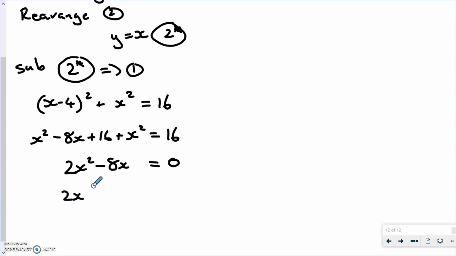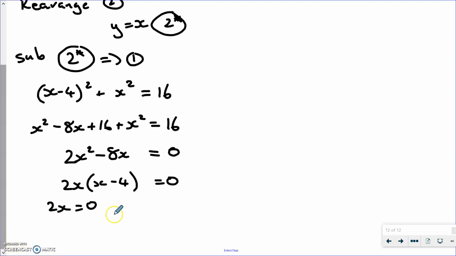Take 2x out as a common factor: 2x times x minus 4 equals 0. So 2x equals 0 gives me x equals 0, and x minus 4 equals 0 gives x equals 4. So two solutions, x equals 0 and x equals 4.